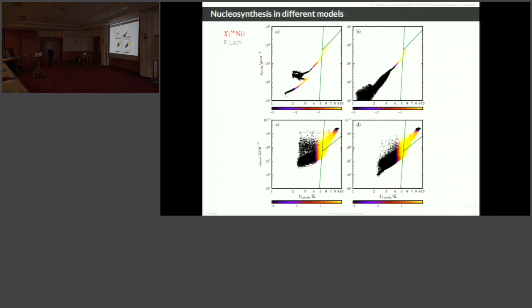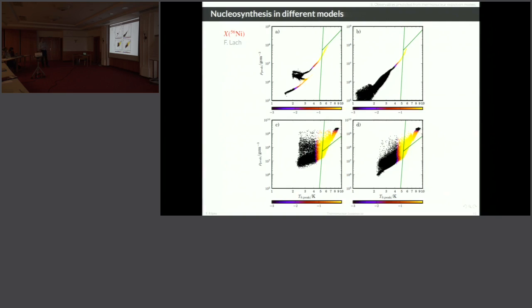The green lines here actually are put in according to Woosley, specifying the region where you have incomplete burning. This is this left part of the diagram. Normal freeze-out from NSE is here in the upper right corner, and in the lower right corner we have alpha-rich freeze-out from NSE. And what you see here is the nickel-56 and iron group production is taking place at very different places in these models.